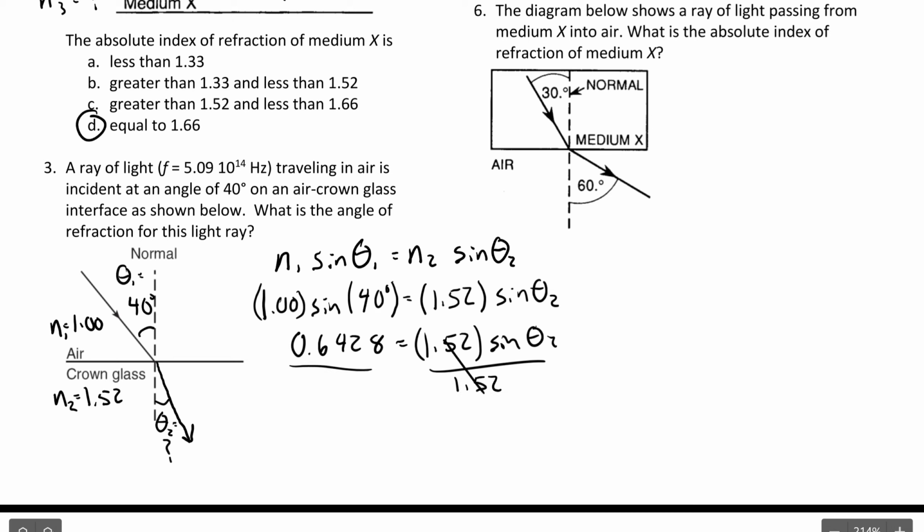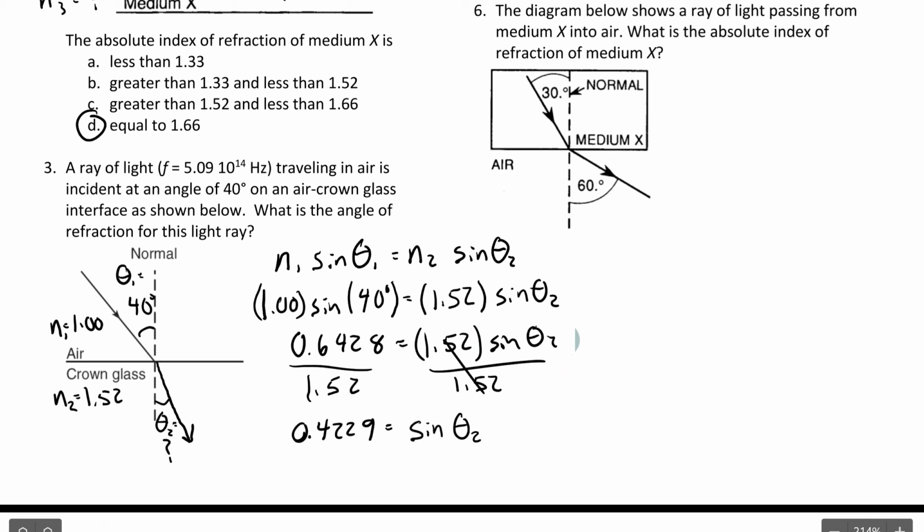Try not to do any rounding until the end with these. So you just hit divide by 1.52, and you get 0.4229 if you round it. But again, don't round it in your calculator, leave it long. You could round it on the paper just to make it easier to write. And that's going to be equal to sine theta 2. So we write sine theta 2.